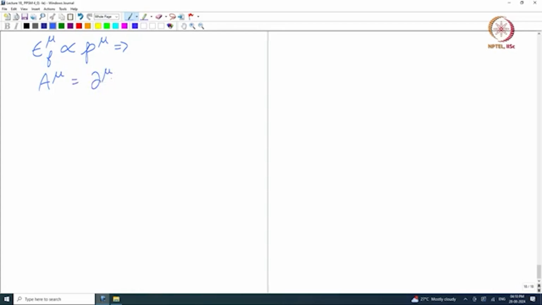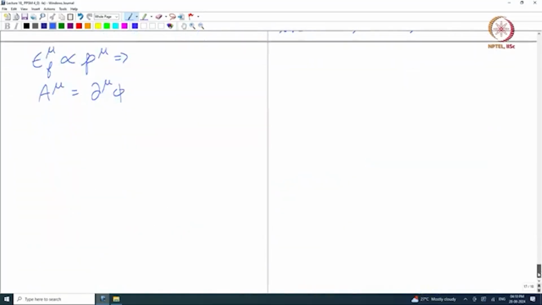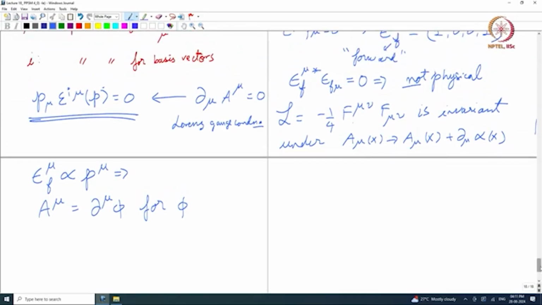Why? Because A mu is after all written in the basis of e mu's, and that means if a polarization is proportional to the momentum, what is the momentum? The momentum after all comes from a derivative, a 4 derivative. I can always write A mu as some 4 derivative of a scalar field phi, in which case look at this condition.